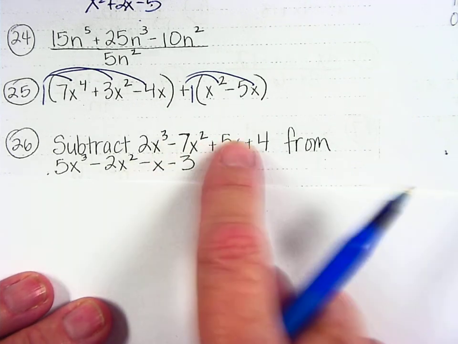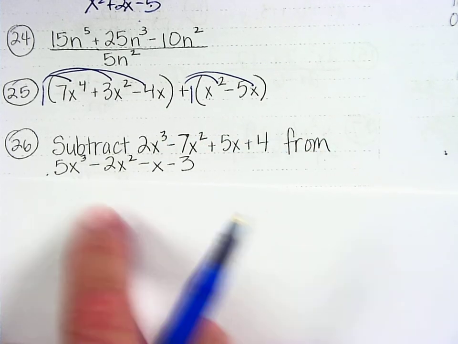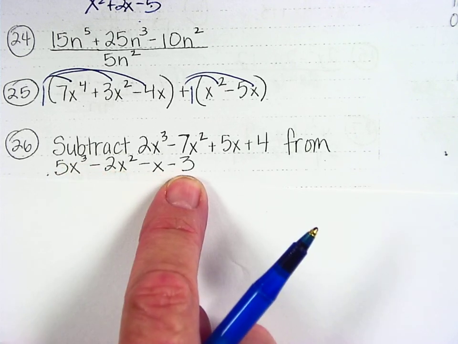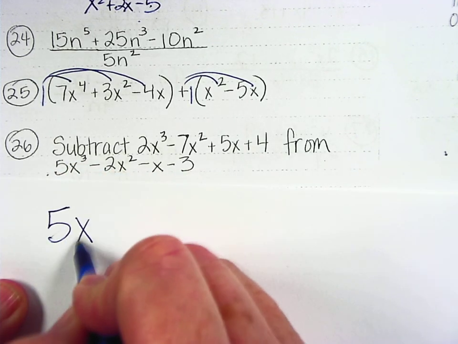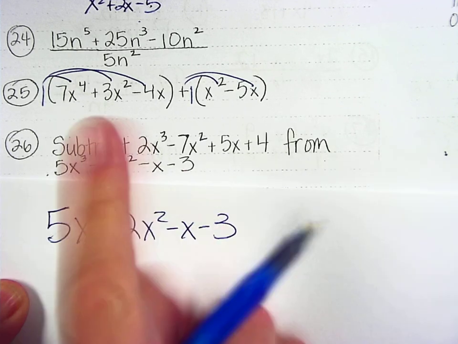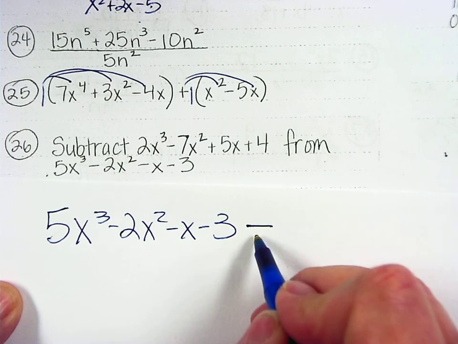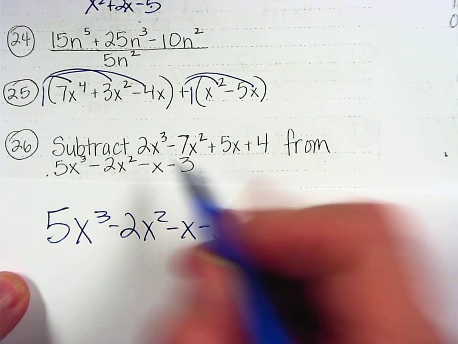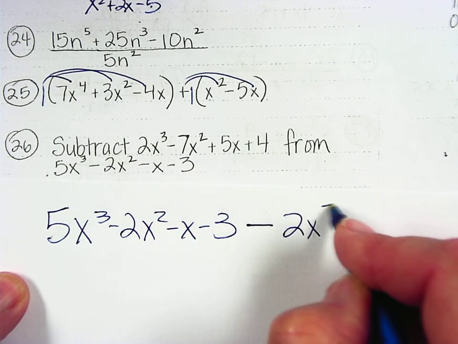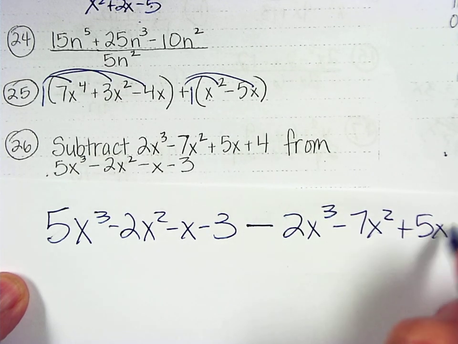So if we're going to take this one away from something, I guess we better start with the other polynomial. We better begin with this one. So we can take this one away. Subtract it, take it away. 2x to the 3rd minus 7x squared plus 5x plus 4.